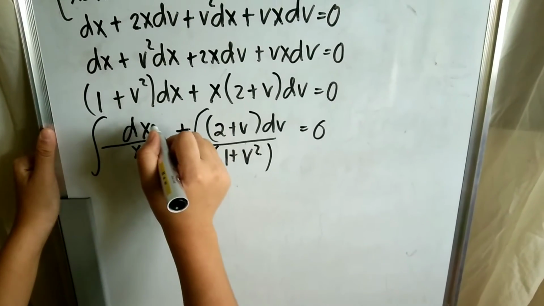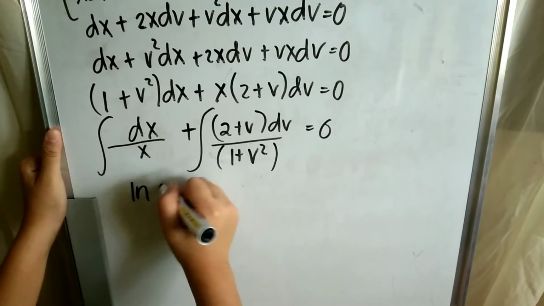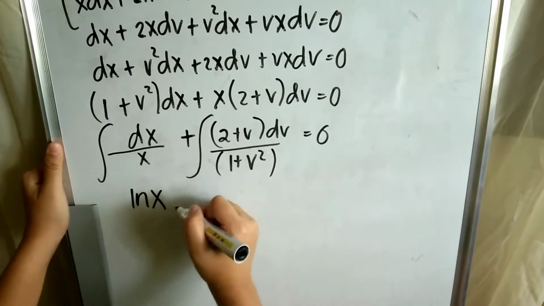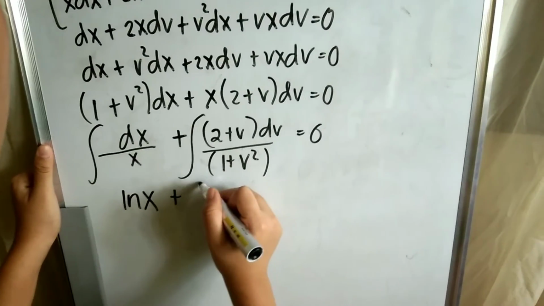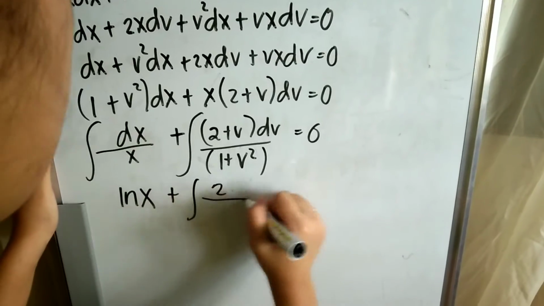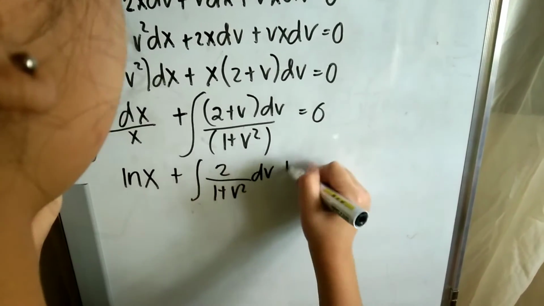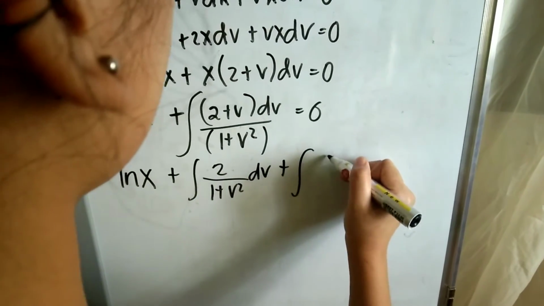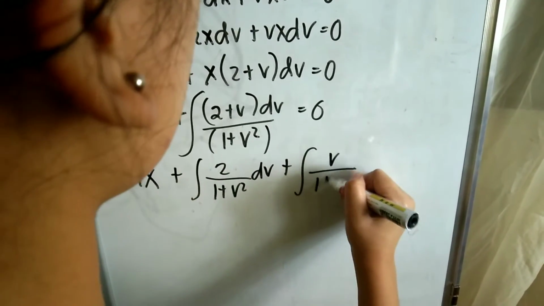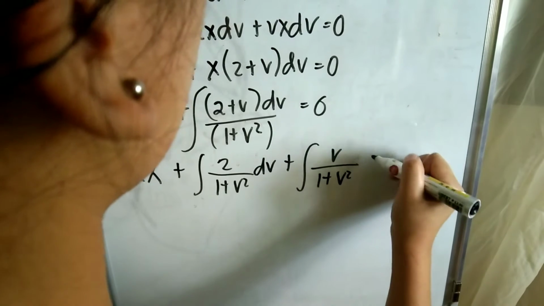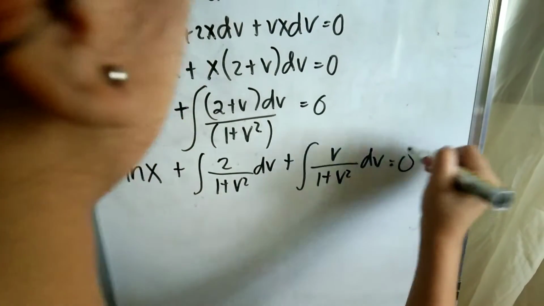The integral of dx over x will be ln x, and this one we can separate: the integral of 2 dv over (1 plus v squared) plus the integral of v over (1 plus v squared) dv equals 0.